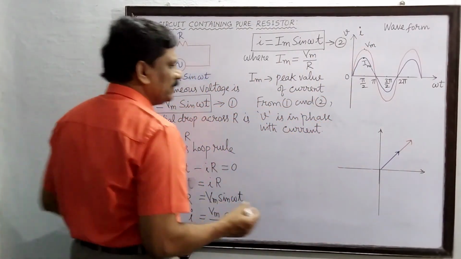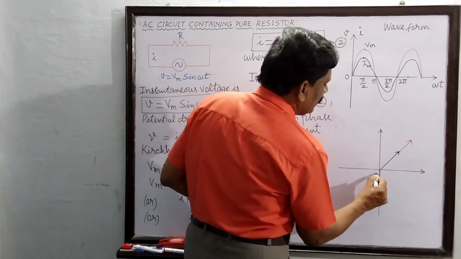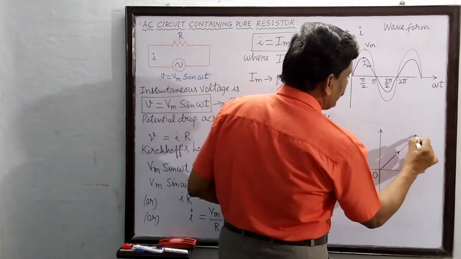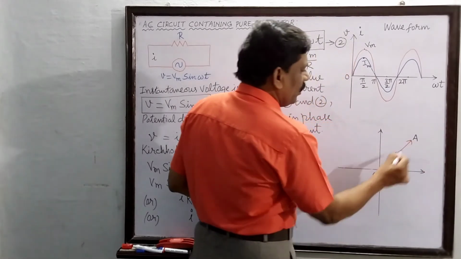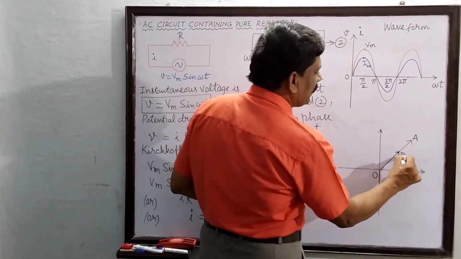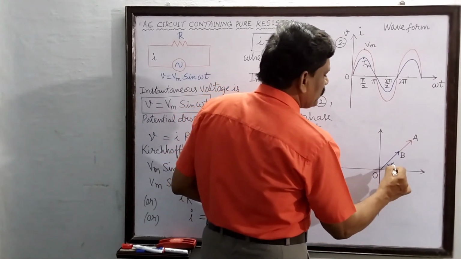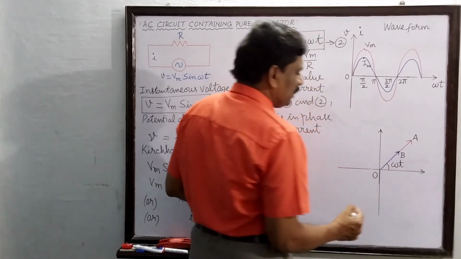So in this picture, you see that this is origin O, and I will take OA as the voltage phasor and OB as the current phasor. And the angle between these two is omega into t.